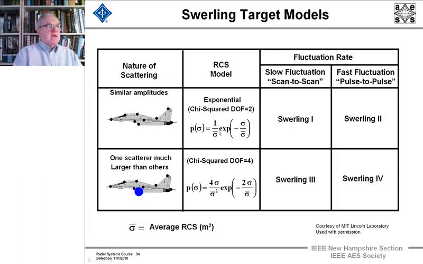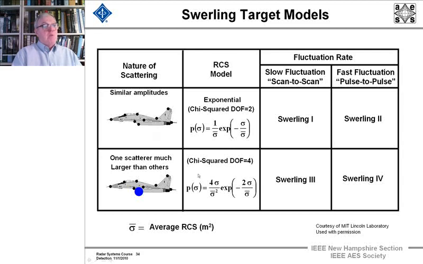For a Swerling 1 and 2 target, the probability model for the cross-section is an exponential, and that is a subset of the chi-squared probability distribution with 2 degrees of freedom. And it can be viewed empirically as what you get. You get this kind of a distribution if you had a large number of single scatterers, all of about equal amplitude.